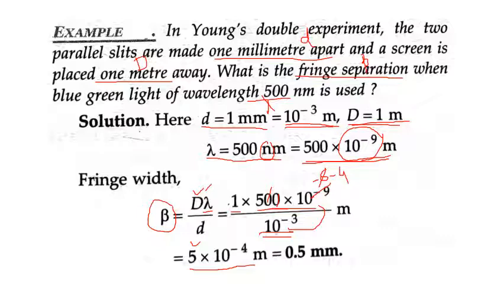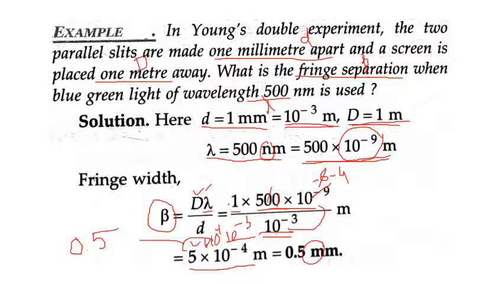We know that 10 to the power minus 3 is your 1 millimeter, and we have 10 to the power minus 4, so I'm still left with 10 to the power minus 1. If I multiply this with 5, I will have 0.5, and this 10 to the power minus 3 will give me milli.